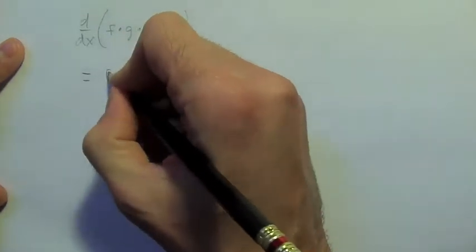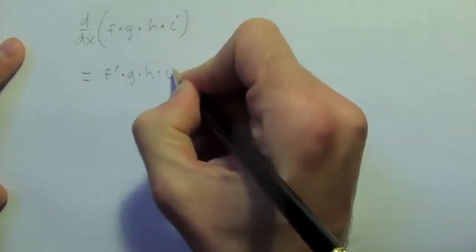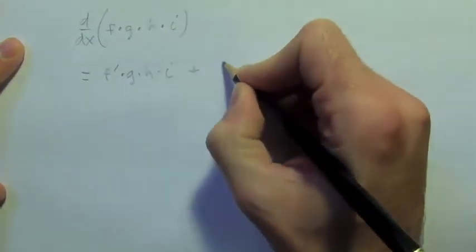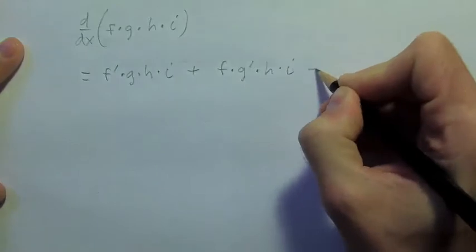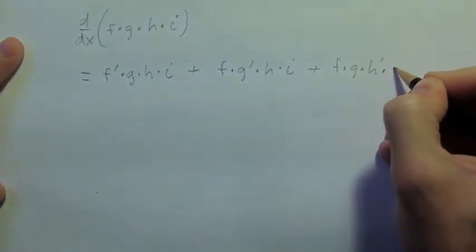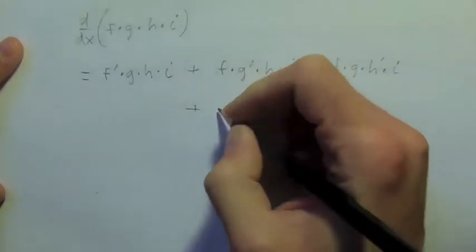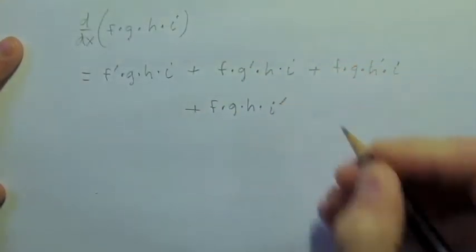This is going to be f prime times g times h times i plus f times g prime times h times i plus f times g times h prime times i, then a final piece for f times g times h times i prime.